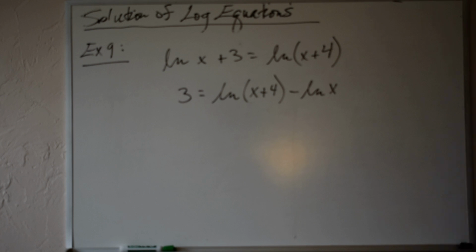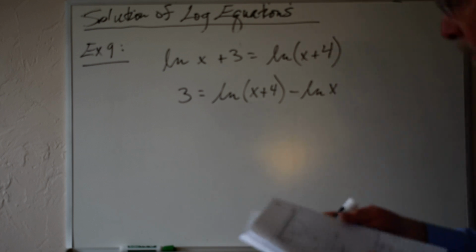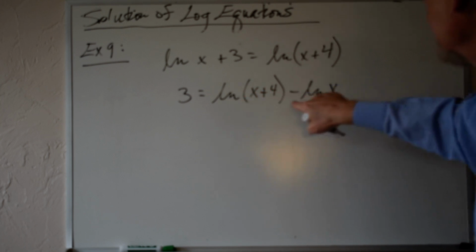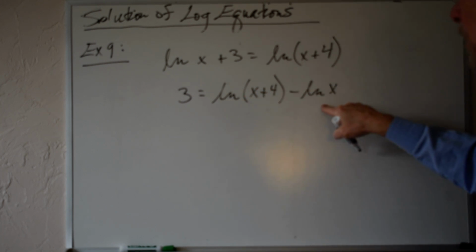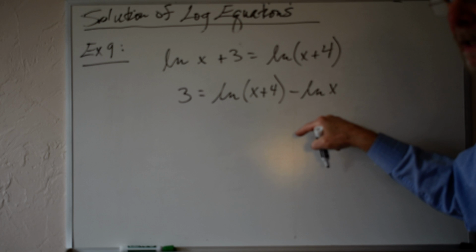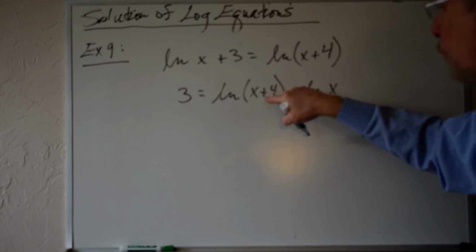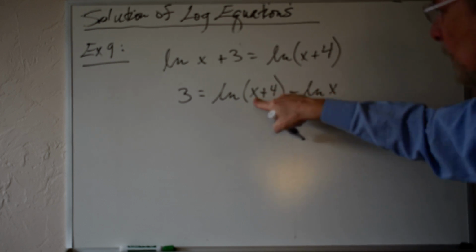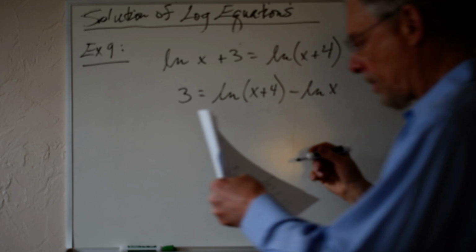What does that do for me? Well, I don't have it on my properties boards here, but the difference of two logs that are to the same base is equal to the log of the quotient, this number divided by this number.